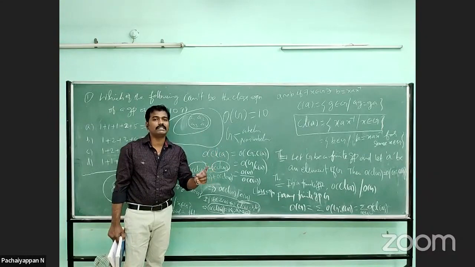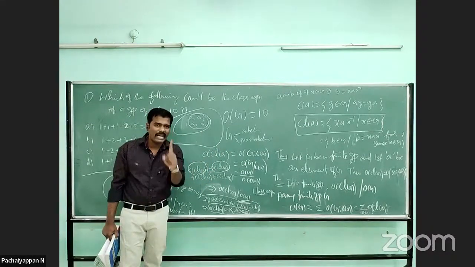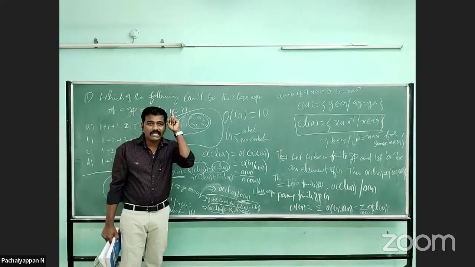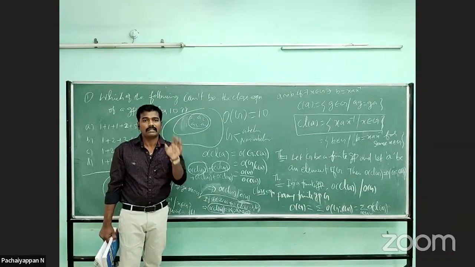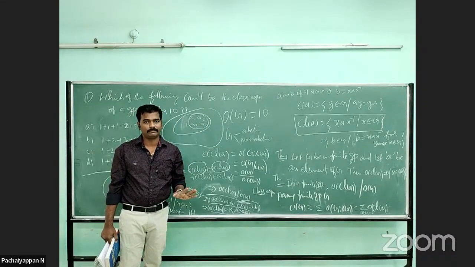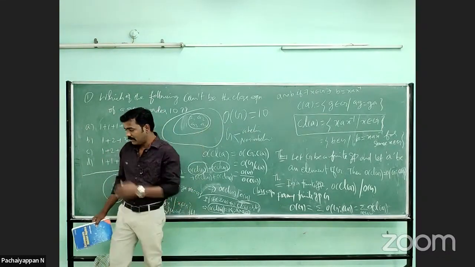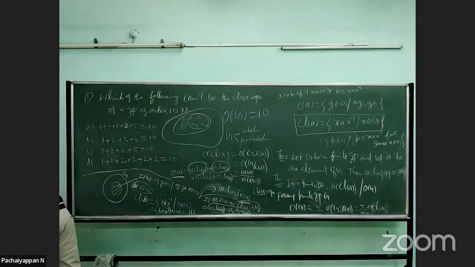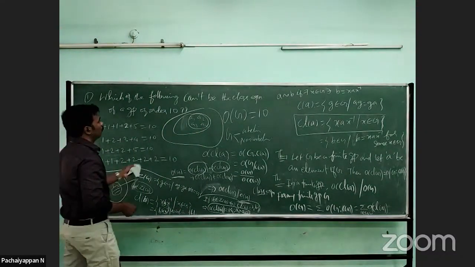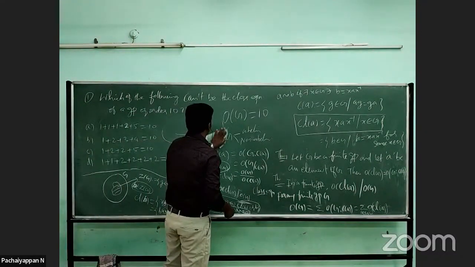The order of the class of B is nothing but 1. Only one element is conjugate with B, that element itself only. Okay. Are you okay with this? Now I would like to ask some questions, please. It is giving interest. Don't worry.